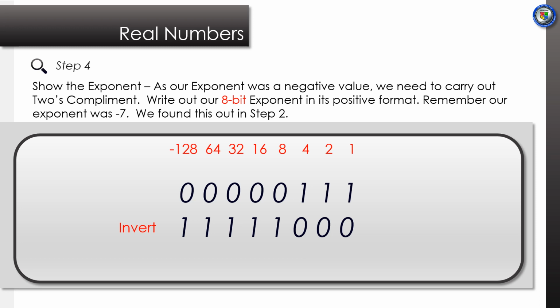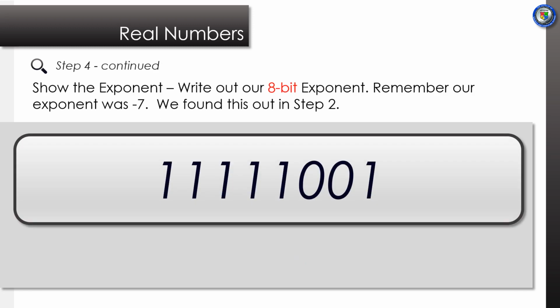We will then invert this value, which means the zeros will become 1s and the 1s will become zeros. Finally, we will add 1 to this value. We can now show our 8-bit exponent. This is laid out in a negative format.